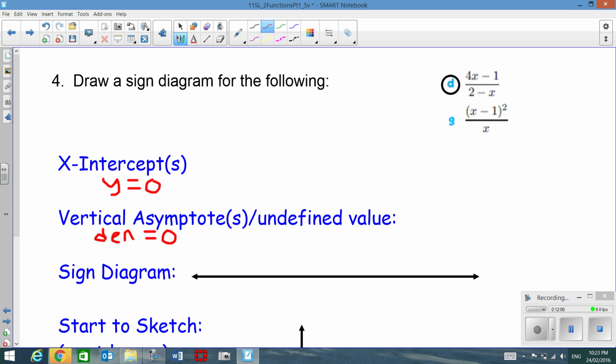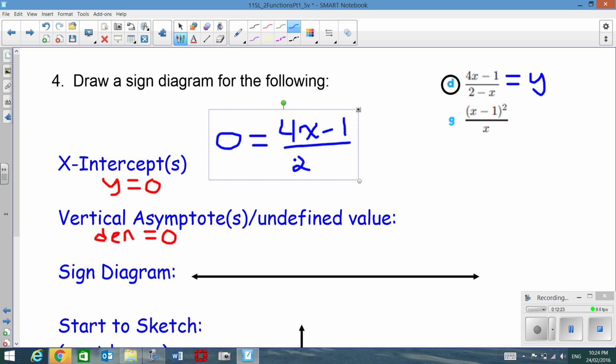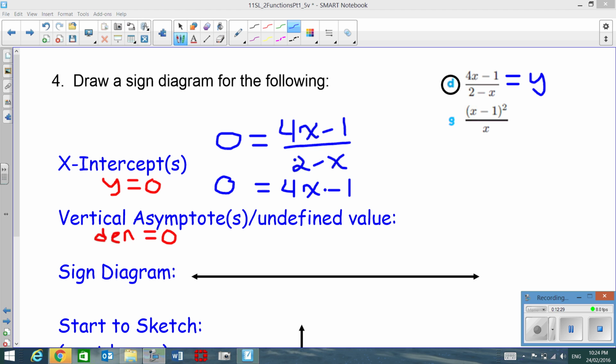So let's go ahead and set our function equal to 0. Since these are functions right now that are equal to y, your input is x, your output is y. So if we set our function equal to 0, you're going to wind up multiplying out your denominator, since in order for a fraction to equal 0, the numerator must equal 0.